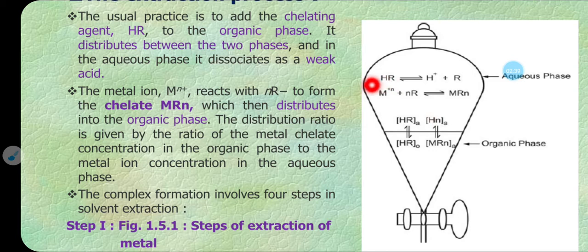In this separating funnel, from this line, below is the organic layer, the organic phase, and above this line is the aqueous phase. So what happened in the first step?